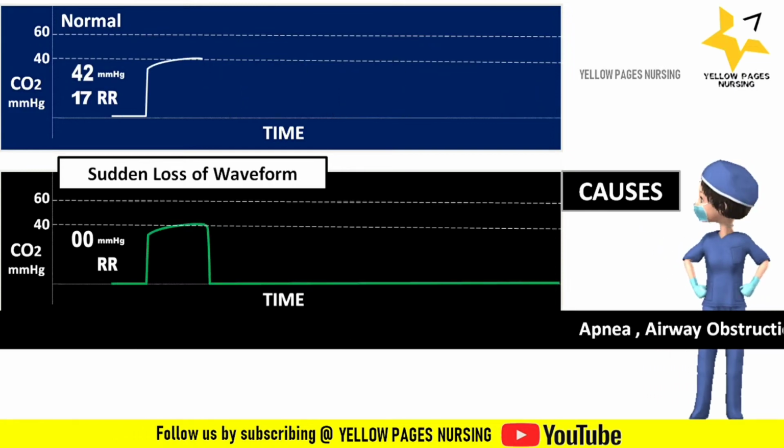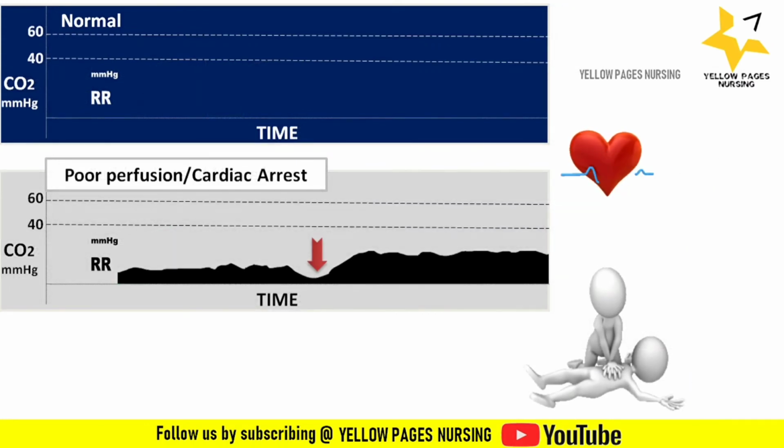Next comes cardiac arrest or poor perfusion waveform. This image shows a 30-minute trend of capnography waveform, which indicates perfusion during CPR and effectiveness of resuscitation efforts.